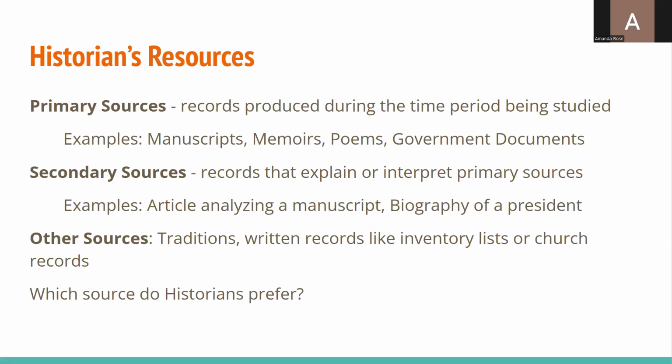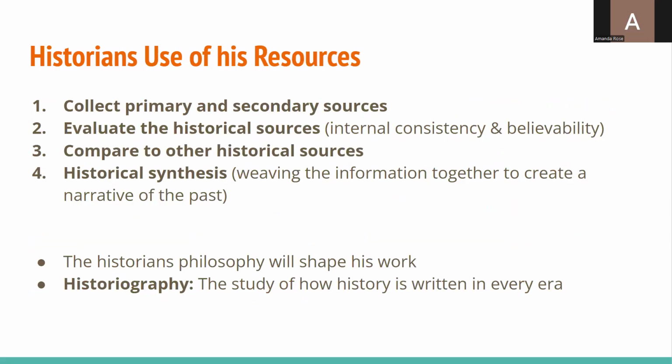Those would be examples of secondary sources. Your history book is a secondary source. Sometimes other sources might come up, church records and maybe a few other things, but pretty much everything falls into primary sources or secondary sources. And for our purposes, they always will.